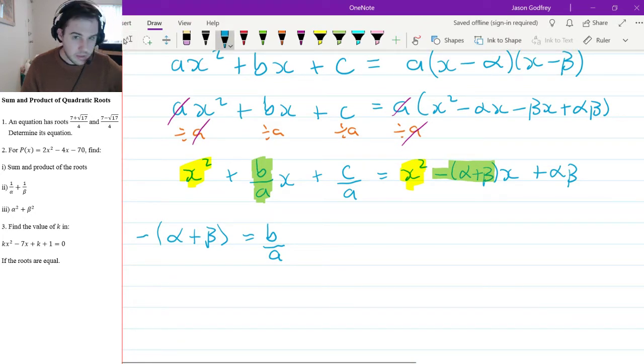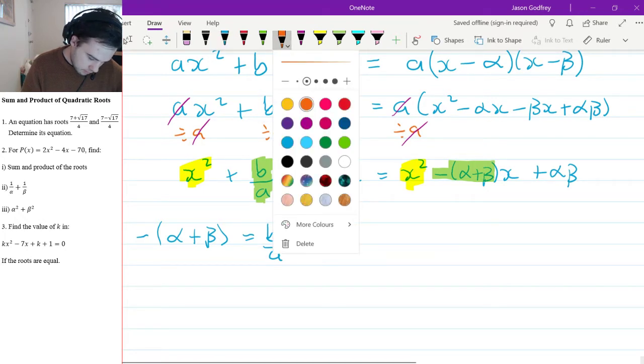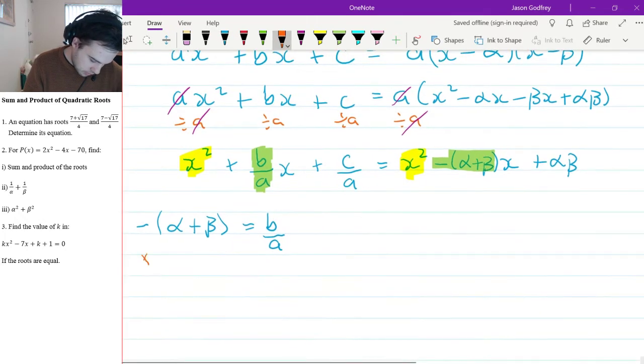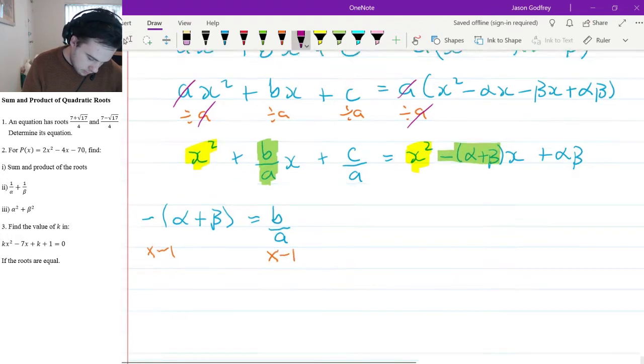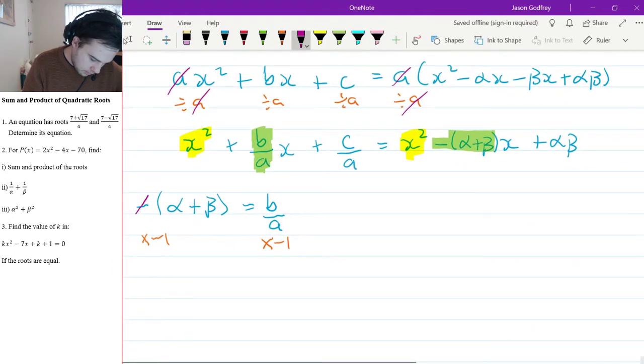Because we're investigating the sum and the product of the roots, where alpha and beta were the roots of our quadratic equation, we just want an expression for the sum, which will be alpha plus beta by itself. So to get rid of that negative, we'll times both sides by negative 1, and negative 1 times negative 1 becomes positive.